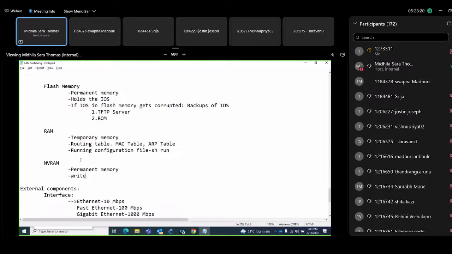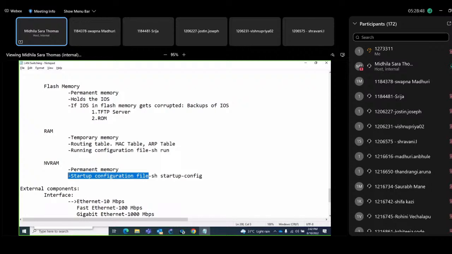Because even if you turn off the topology, it should be available later. What is happening, guys, actually? When you give that command, the data from the running configuration file is stored into the startup configuration file. That is show startup-config. So it holds the startup configuration file.